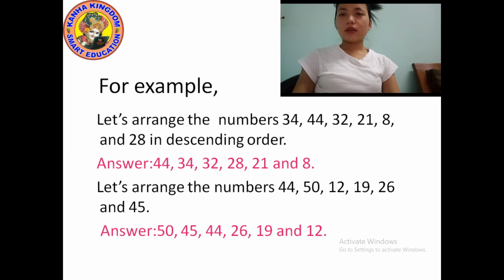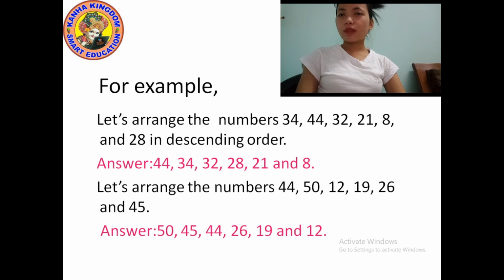Find out which number is the greatest number. Which number is the greatest or biggest number? 50, right? 50 is the greatest number, so write 50 first, because 50 is the greatest of all the numbers 44, 50, 12, 19, 26 and 45.